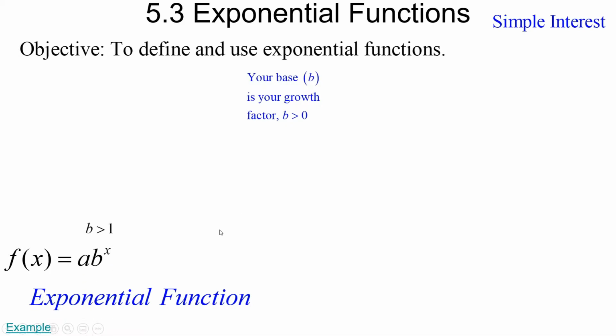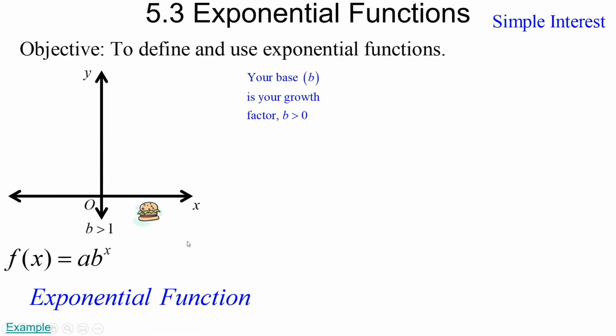Well, do you remember our $4 hamburger? That $4 hamburger had a b, or a growth factor, of 1.09. So that's going to be exponential growth. Now, what if our base, or our growth factor, is between 0 and 1 exclusive?